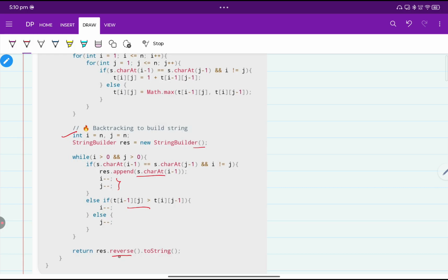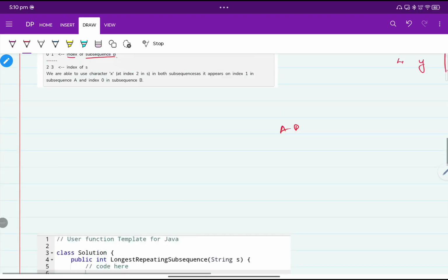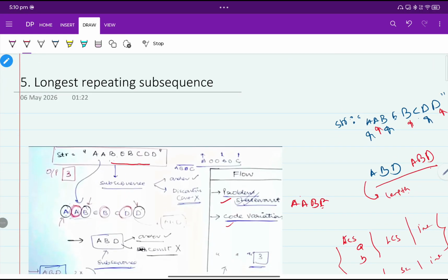At the end, reverse the string. That's the only way to solve this question. This question is a little bit confusing.